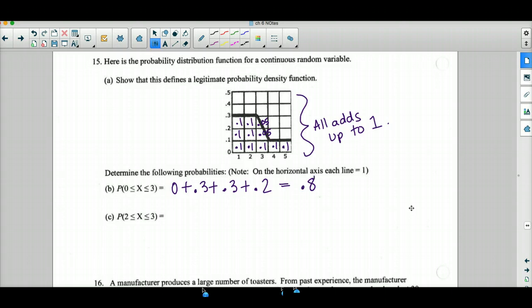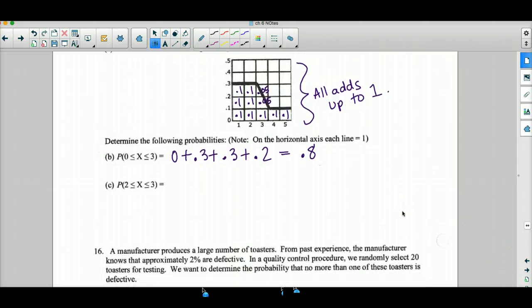Let me double check myself. Make sure I haven't done anything wonky. I'm counting my boxes, counting the value in each box since they go by tenths.